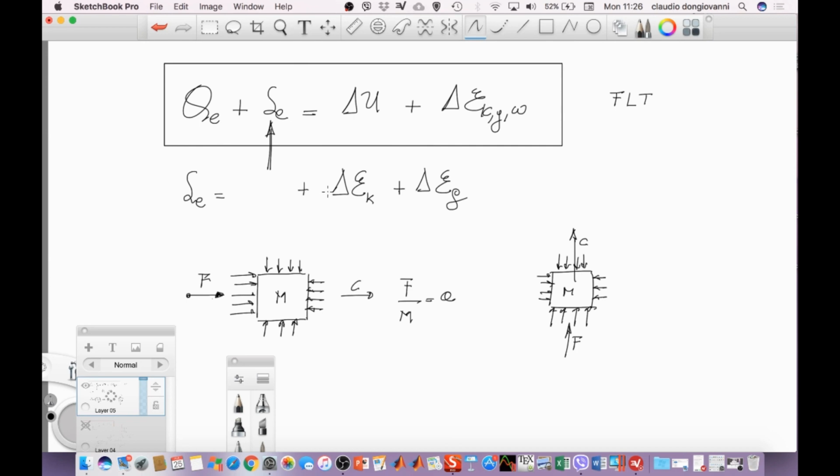Remember when we said we have a force applied to our system. This system will be deformed. So another way to change the energy of our system is to have a variation in volume.